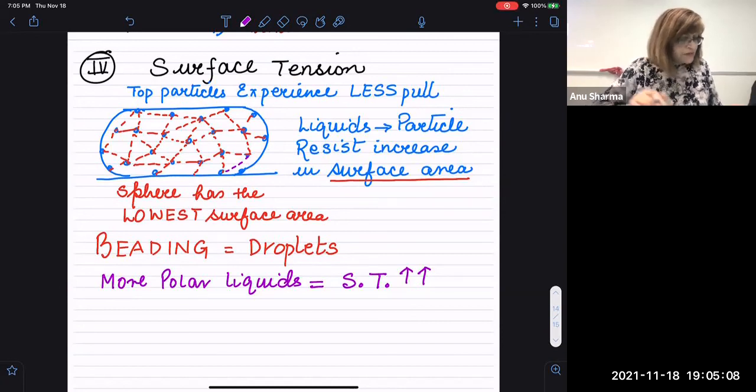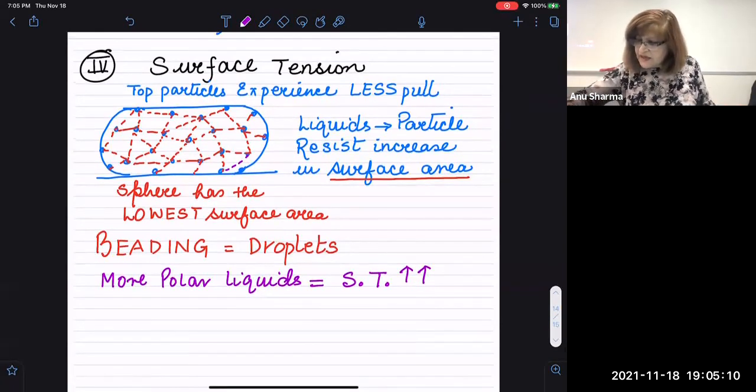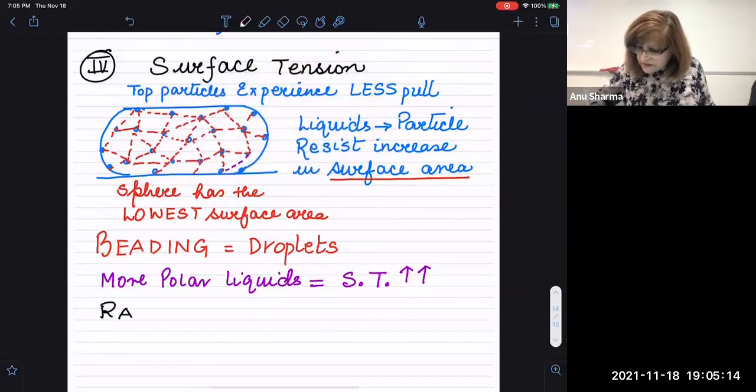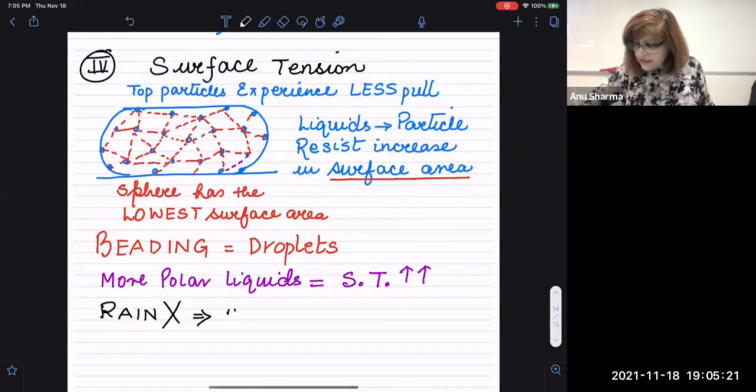Now, there is a product called Rain-X. I don't know if you guys have seen this. Rain-X is used to clear the windshield when it's raining, so the water doesn't bead.